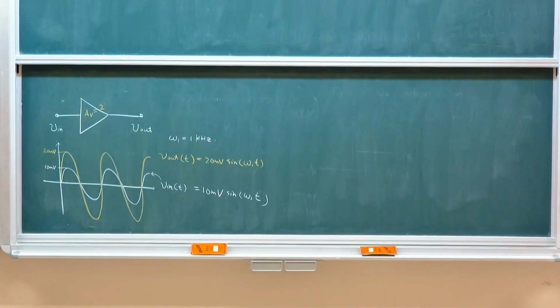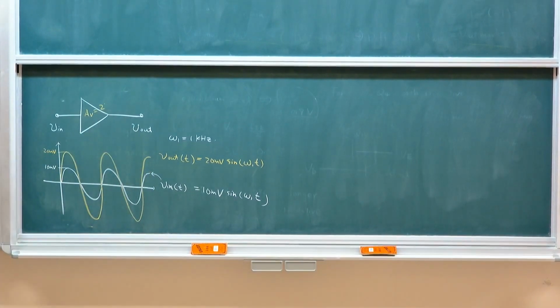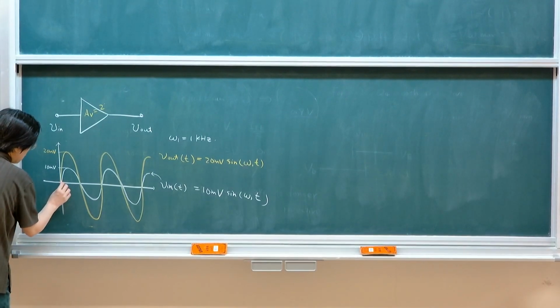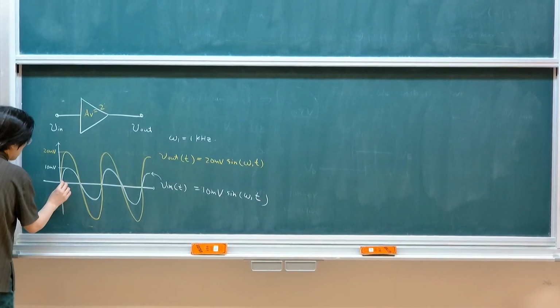So what if I start to increase my frequency? I'm changing to another frequency, omega 2. I'm just going to assume that you increase your input signal to a different frequency. This is very hard to plot, so just assume a maybe 10-fold increase.